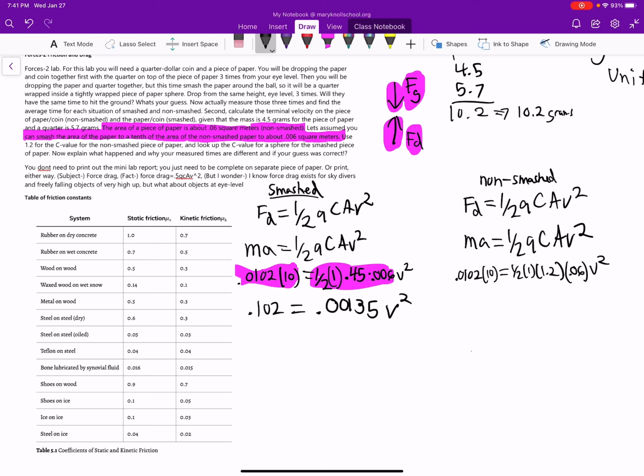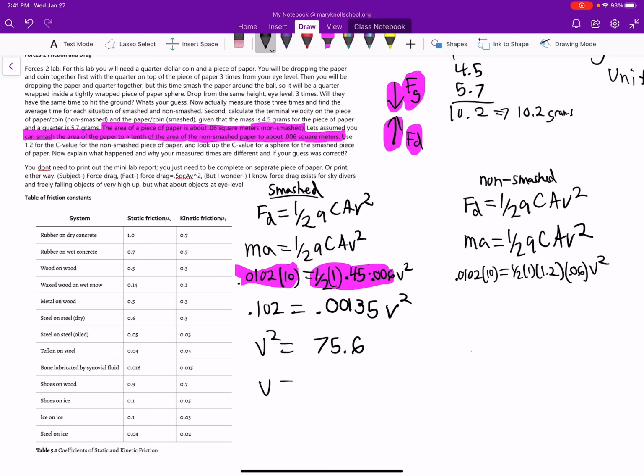All right, now I got v squared being 75.6. So what I'm doing is I'm just using 3 significant digits. I don't want to do anything more accurate than that because this is physics, not engineering. So now what I want to do is take the square root of both sides.